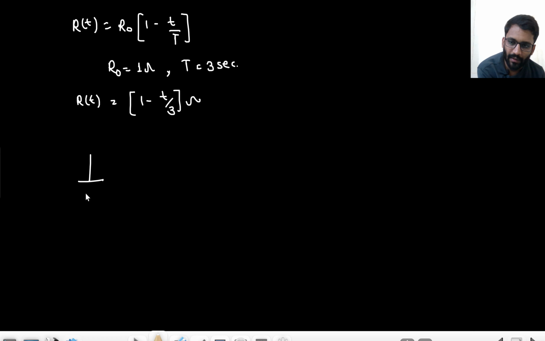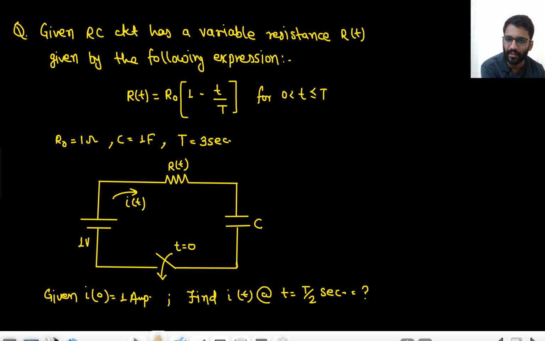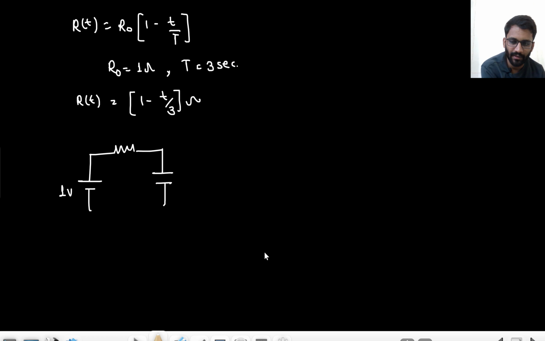Okay, we are having a battery of 1 volt, having a resistance of RT and a capacitance of what value? Capacitance of 1 farad.